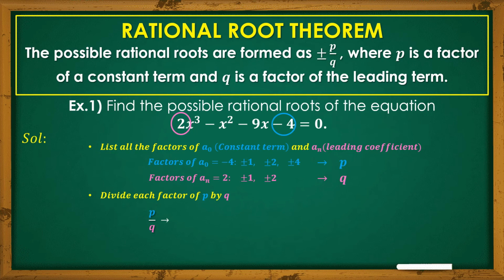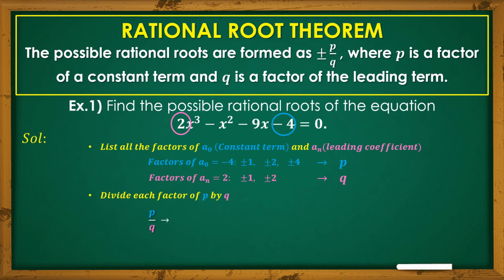Ngayon, paano natin malalaman ang initial possible rational roots ng ating example number 1? Kung titingnan natin, meron tayong tatlong factors of a sub 0 or yung ating constant, at meron tayong dalawang factors ng ating a sub n or yung leading coefficient. Ang gagawin lang is multiply those factors at makukuha natin yung initial rational roots.